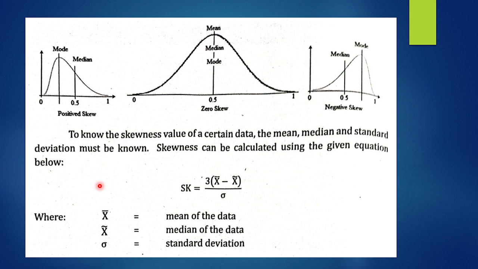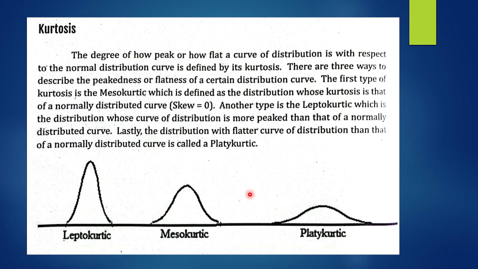Sk, the denotation for skewness, is equal to 3 multiplied by the quantity of the mean of the data minus the median of the data, all over the standard deviation. So this is the denotation for the mean, this is the median, and this is the standard deviation. And this is the formula of the skewness. All right, let's continue.